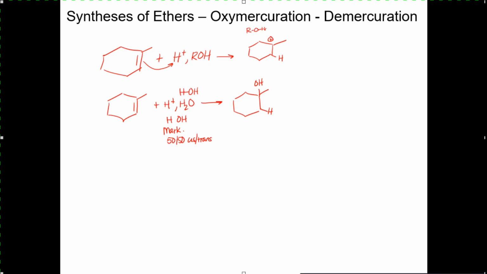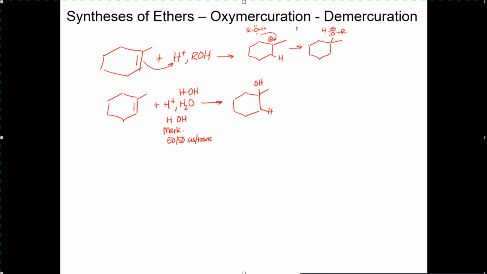So we would add the hydrogen there, forming this carbocation at the most substituted position because that's the most stable position. And then what would happen? Then our alcohol would come in and add to that carbocation to produce the oxonium ion, now with an alkyl group attached.